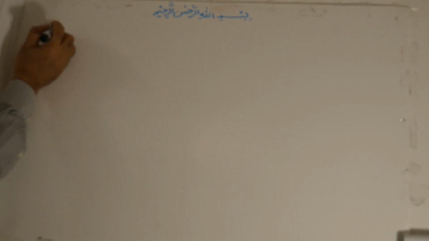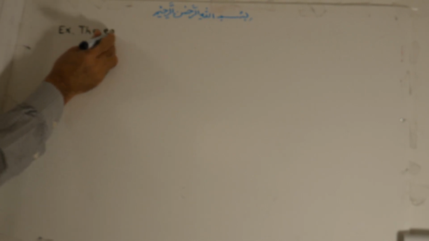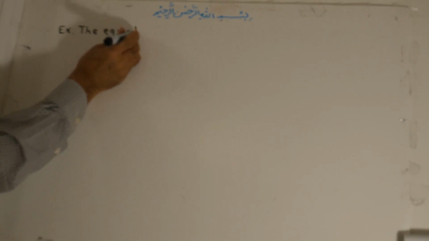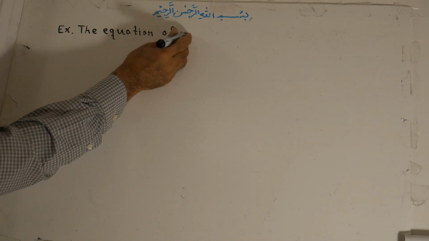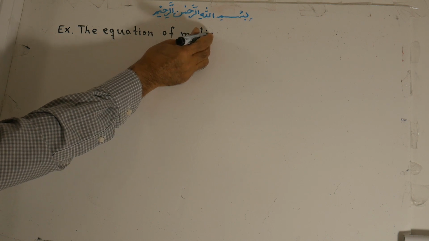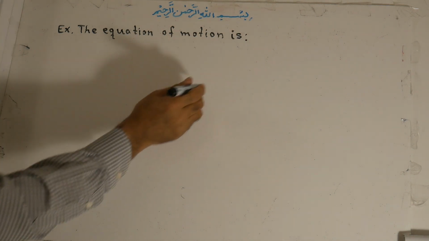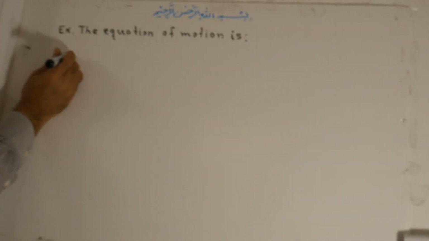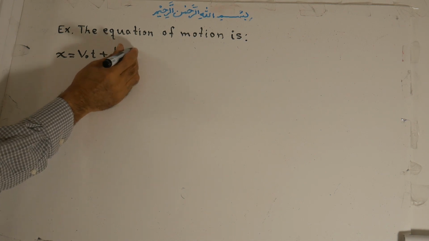Another example. The equation of motion is x is equal to V0t plus 1 over 2 a t squared.